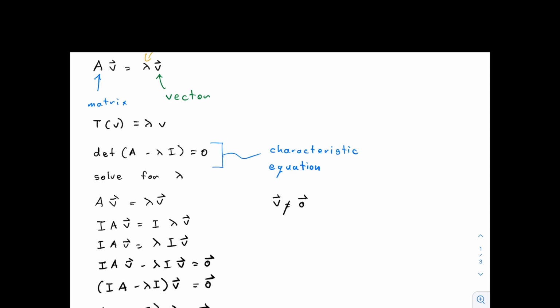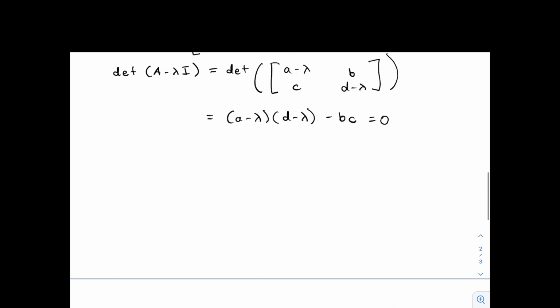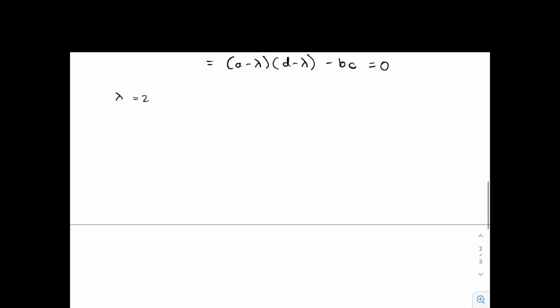So, for example, if we find that lambda is equal to 2, then we would say A times our vector v is lambda times our same vector v, and this relationship becomes A times the vector v is 2 times our vector v, because we just solved that lambda is equal to 2 in this particular example. From here, we can solve for the components of the vector v and determine our result.